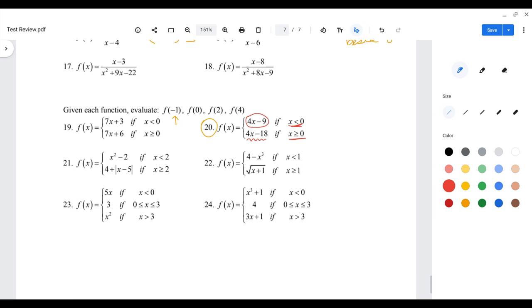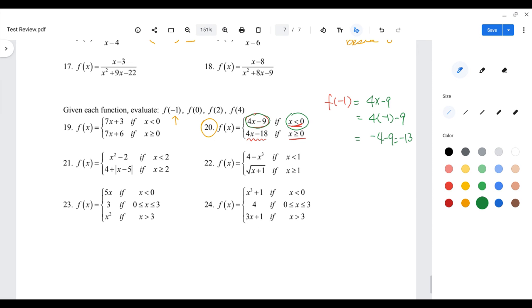So the first one is negative 1. Negative 1 is actually smaller than 0, right? So smaller than 0 is the first criteria, and we're going to use the first function, which equals 4x minus 9. Replace the x with negative 1: 4 times negative 1 is negative 4, minus 9 is negative 13.